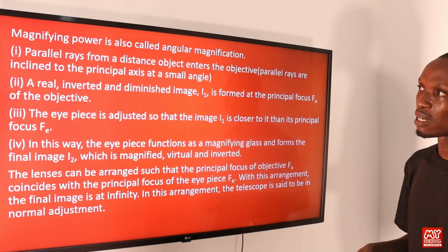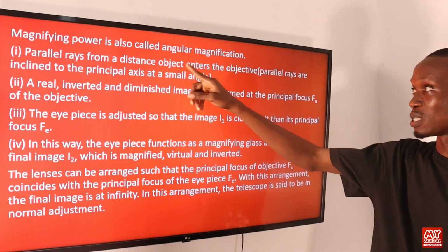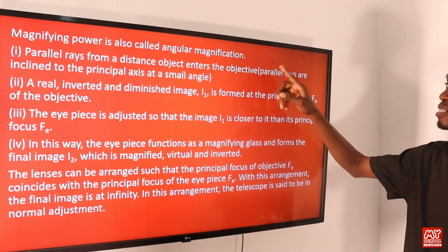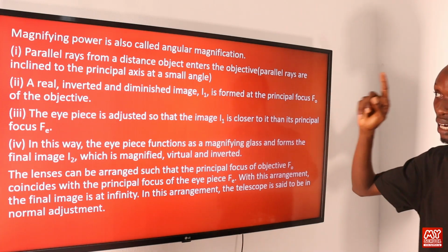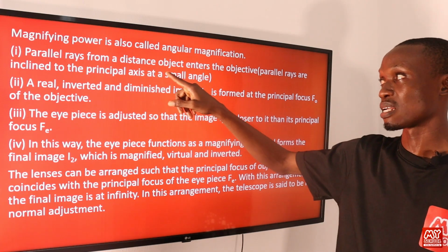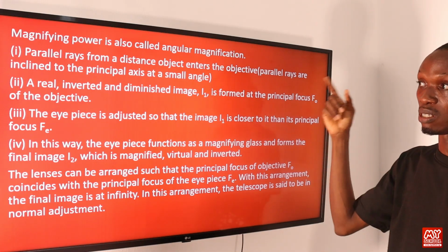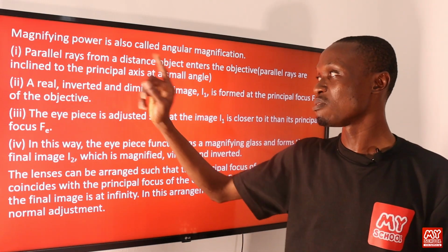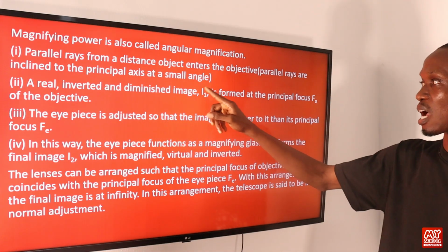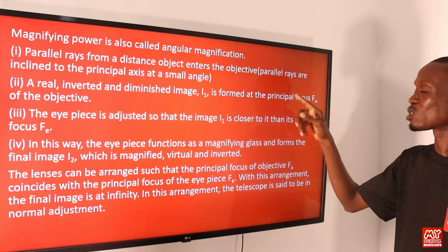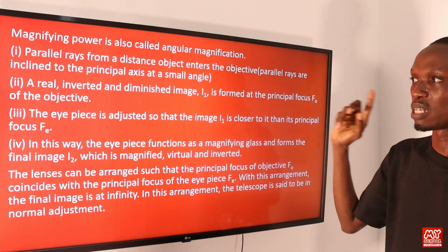Parallel rays from a distant object enter the objective, and these parallel rays are inclined to the principal axis at a small angle, like we saw in the diagram in the previous slide. An inverted and diminished image I1 is formed at the principal focus F0 of the objective.